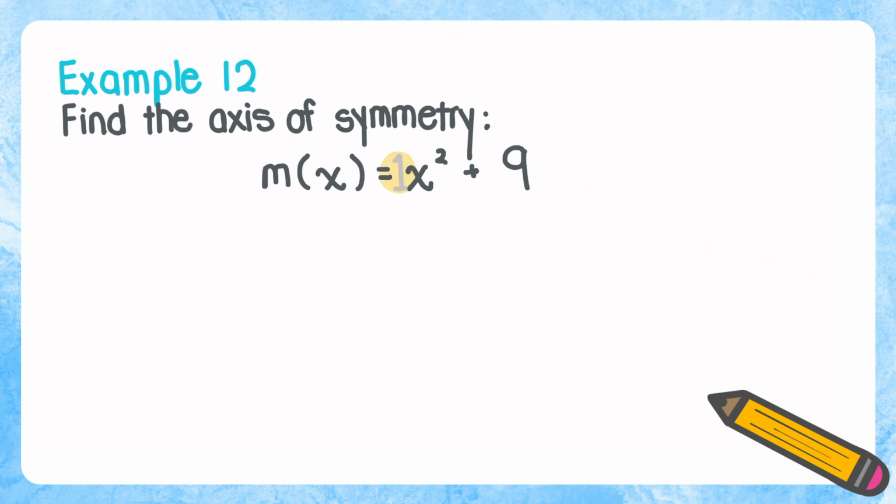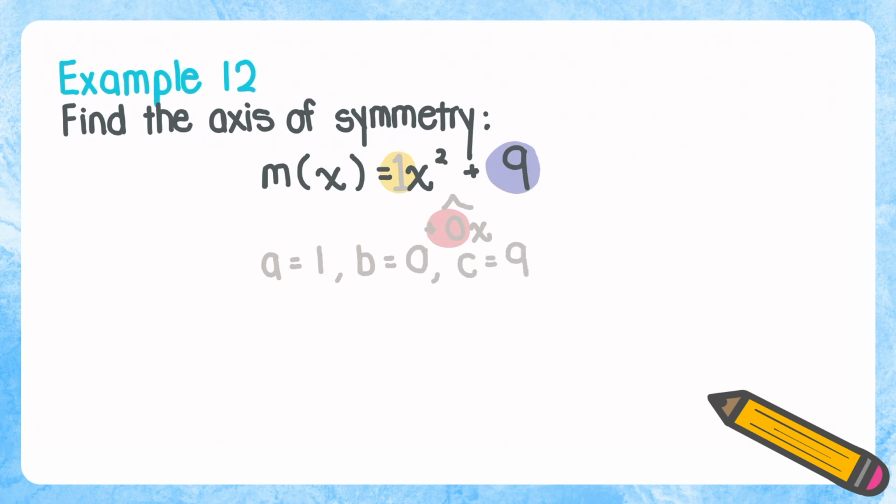It's a equals 1. And notice that we're missing a linear term. So although we do not write it, there's technically a plus 0x right there. So b is 0 and c is 9. We have a equals 1, b equals 0, and c equals 9.